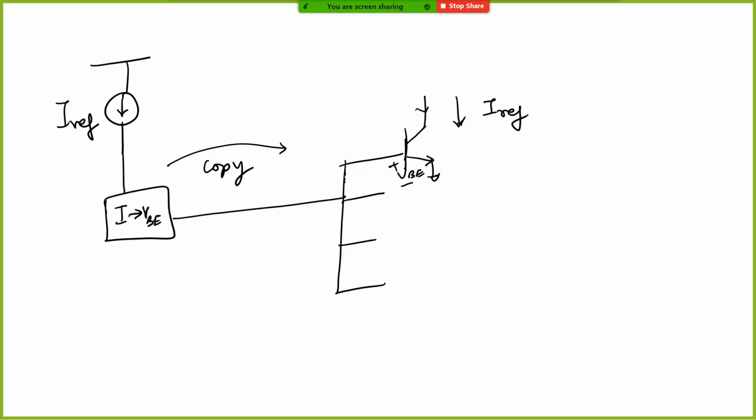Sometimes, of course, you'll end up with a little bit of mismatch because two transistors will not be identical. So a little bit of difference in IS will happen, and therefore you will have a little bit of mismatch. But if all things are in the same thermal region, then even if there is a drift in the temperature, the VBE will start tracking. Okay, so this is what is called a current mirror.